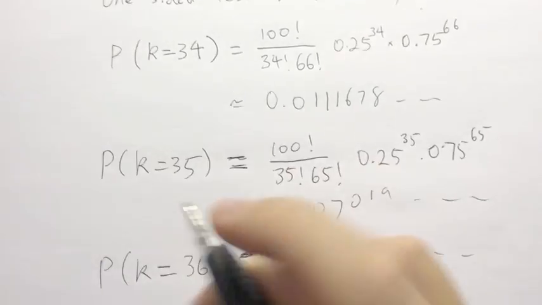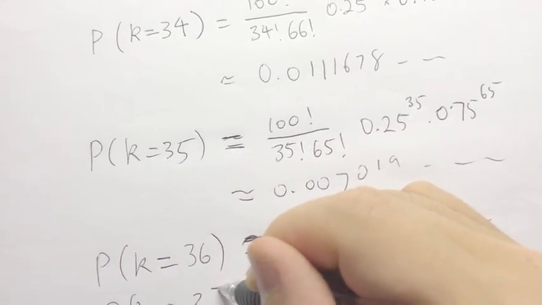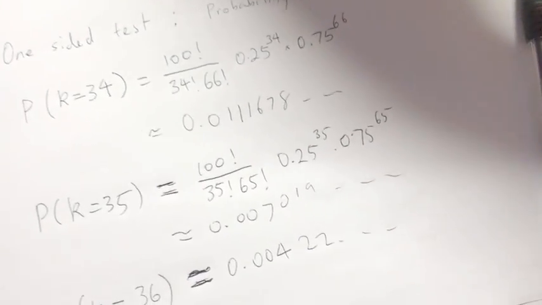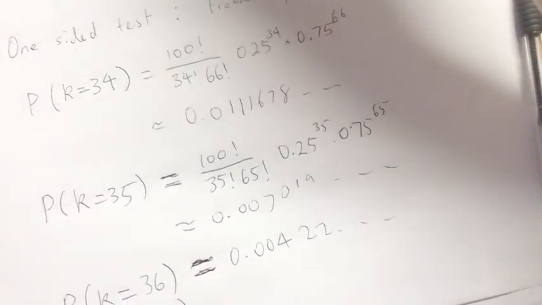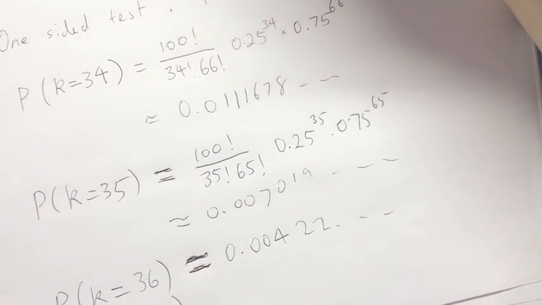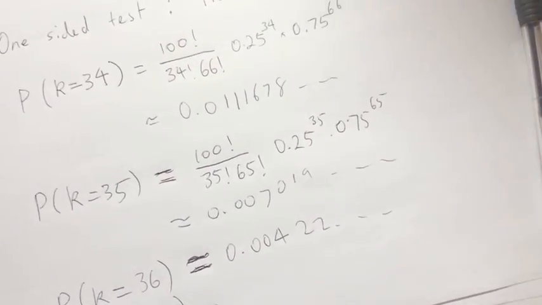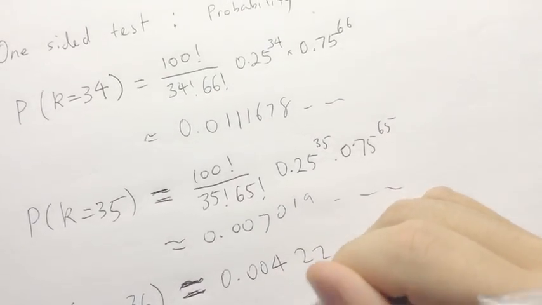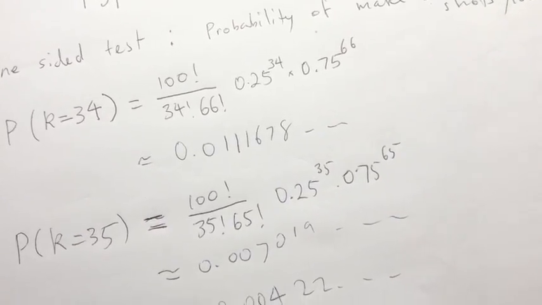I'll do one more. 37, so that'll be 37 factorial, 63 factorial, with powers 37 and 63. Something like 0.002. Okay, they're almost decreasing by half.